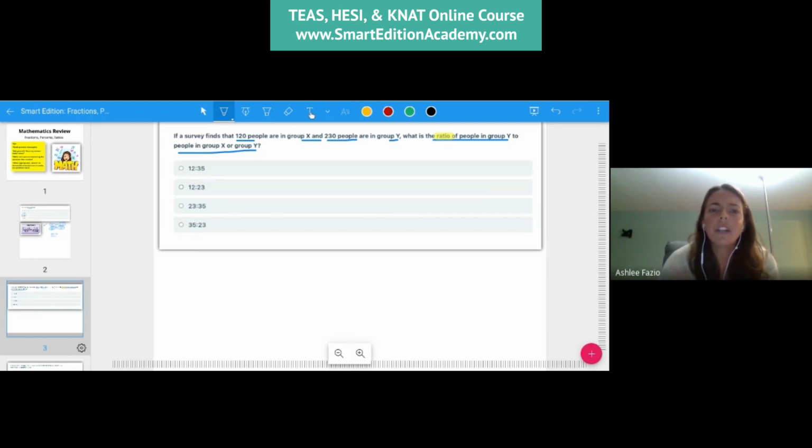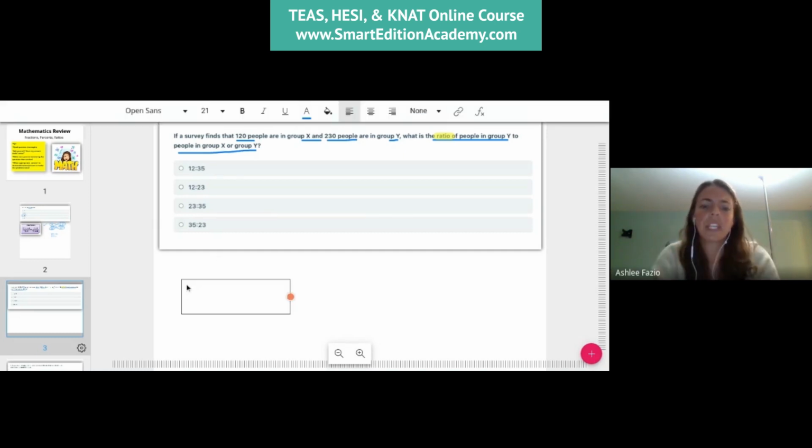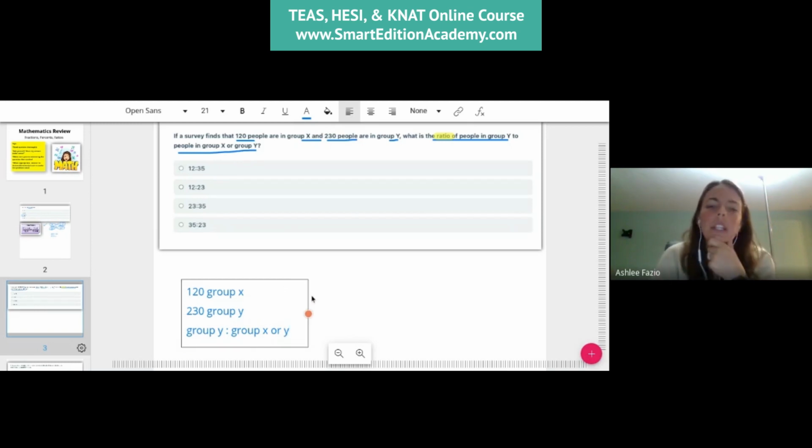I know I have 120 people in group X, and sometimes I like to take my information and bring it down here. Group X. And then what's it say? 230 people in group Y. I have to find the ratio of people in group Y to, and that colon is what we use for to, group X or Y. From there, I just plug in the numbers that I know.